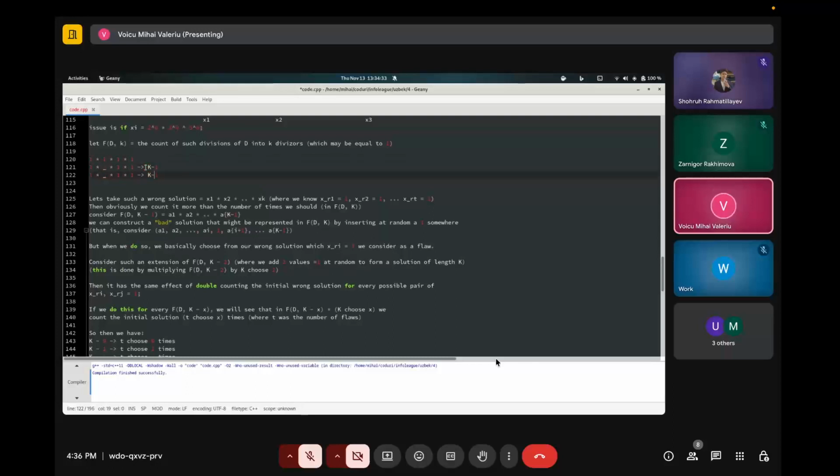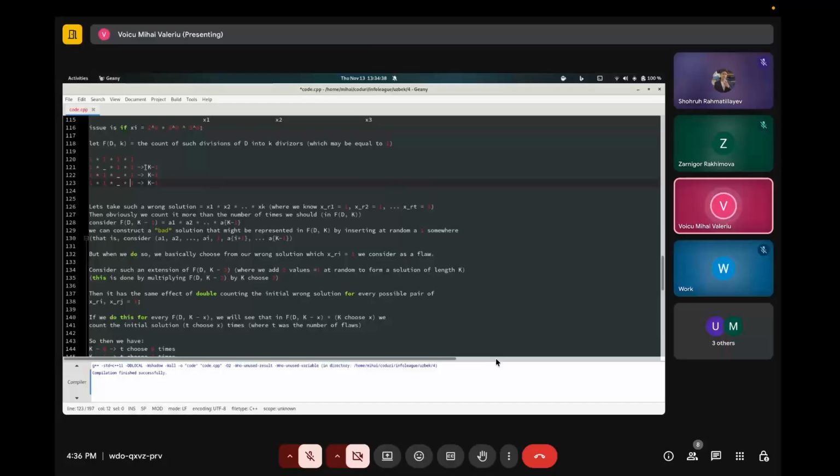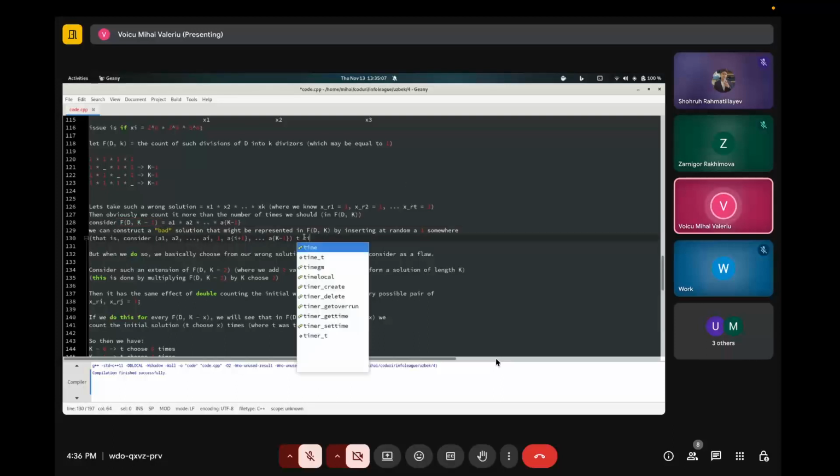Or if the placeholder is someplace else, and so on. So for each way to choose the actual wrong index in the actual wrong solution that we represent here, what happens is that we overcount this wrong solution by creating these bad solutions from fd of k minus 1 a total number of t times.